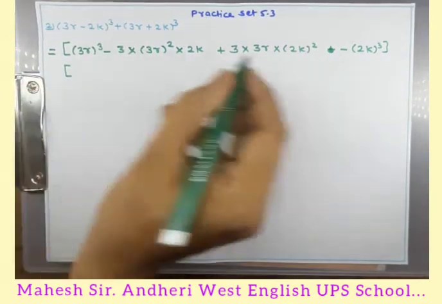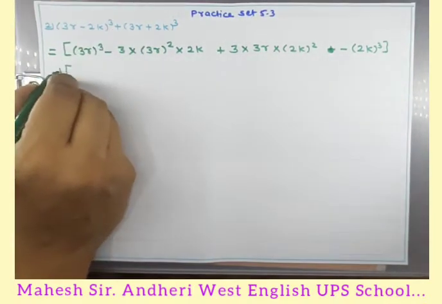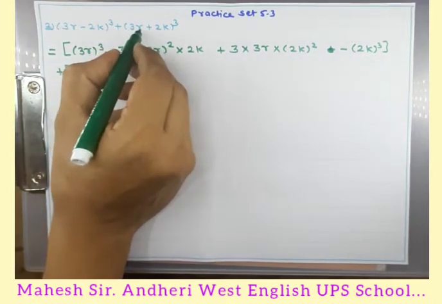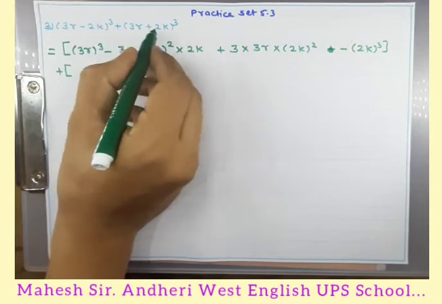I hope you have understood this. Then here plus is there, and I will solve for this: (3r plus 2k) whole cube, which means (a plus b) whole cube.